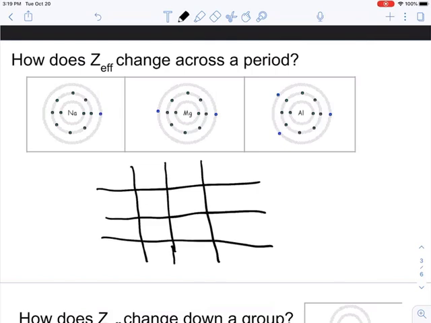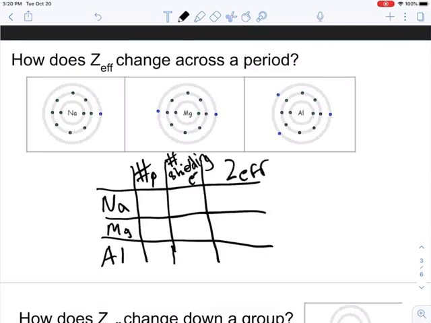In this table, I'm going to have my three elements, and I'm going to show their number of protons, their number of shielding electrons, and their effective nuclear charge.